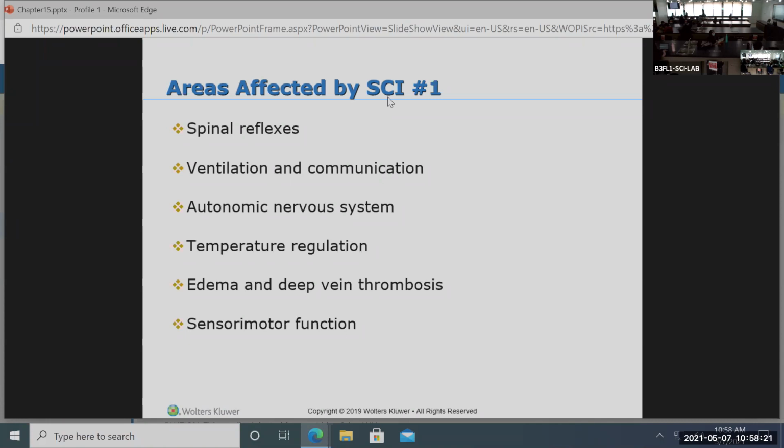That's why it says over here, if you look at point number 3, autonomic nervous system affected. Temperature regulation, edema and deep vein thrombosis, sensory motor function.